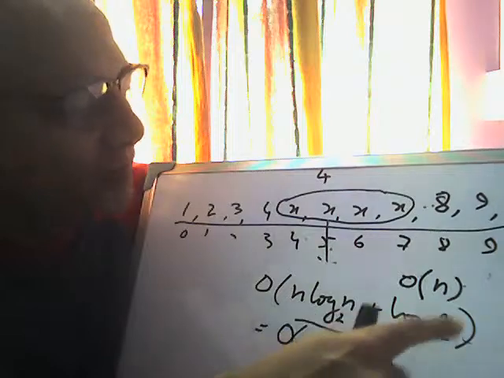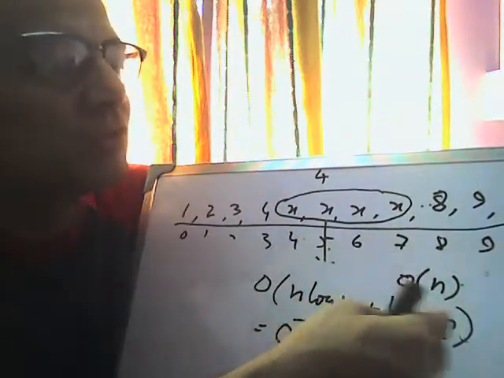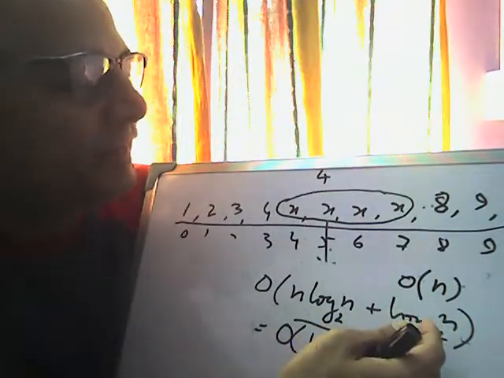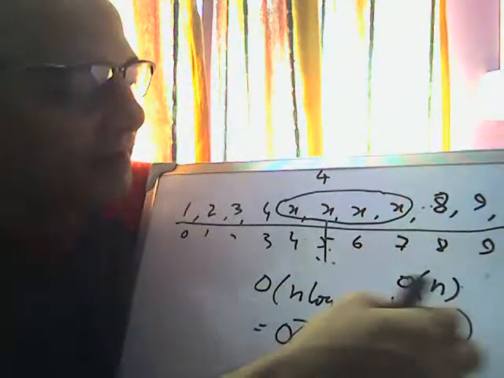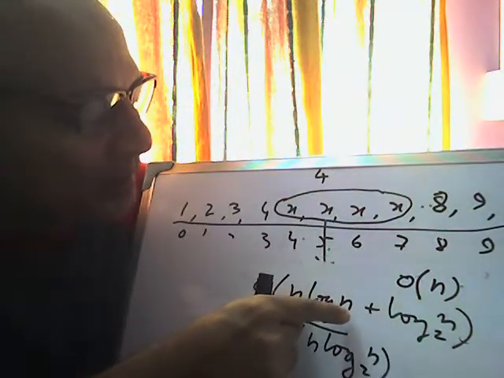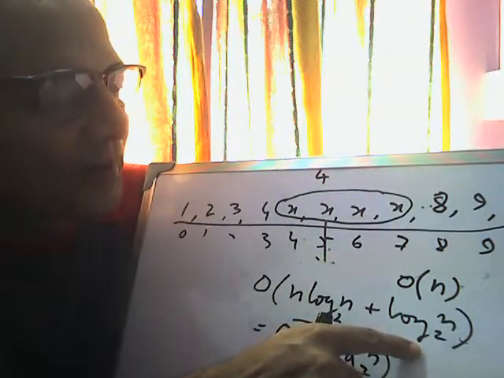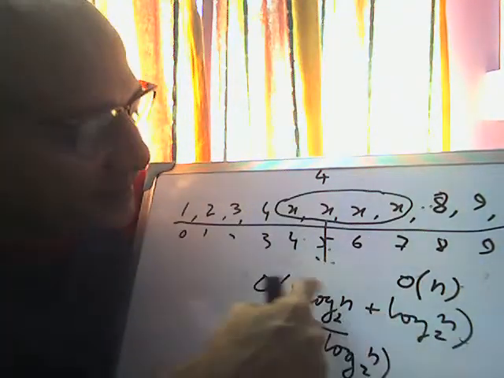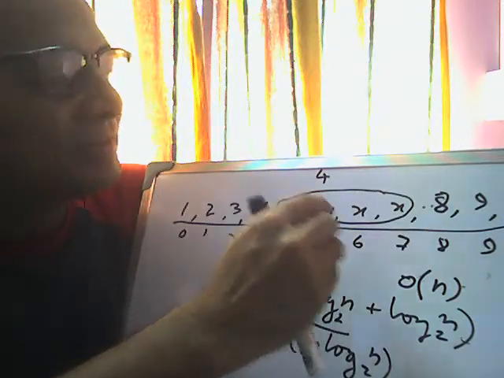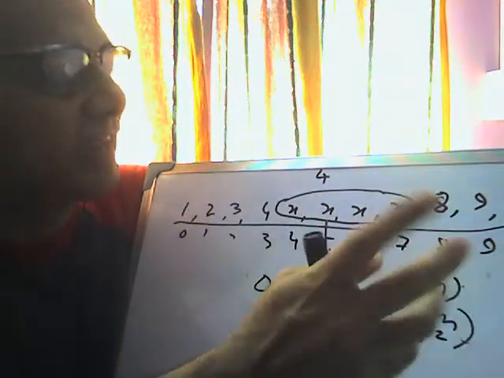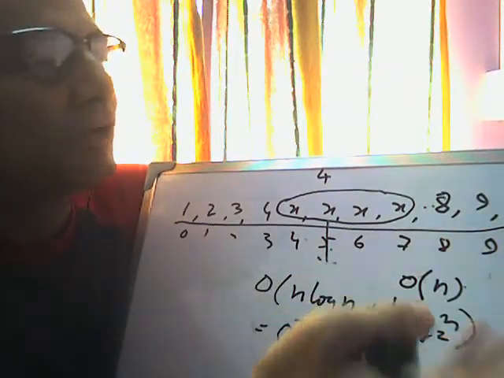After that, just find the duplicating elements. Sometimes you are finding the number of occurrences of X, sometimes the number of occurrences of Y. If insertions and deletions are very few and occurrence queries are very frequent, then this is good enough. But if insertions and deletions are very frequent, every insertion or deletion will take order of n time.